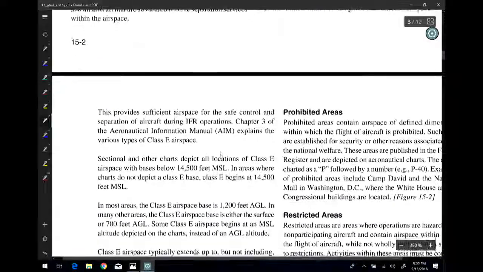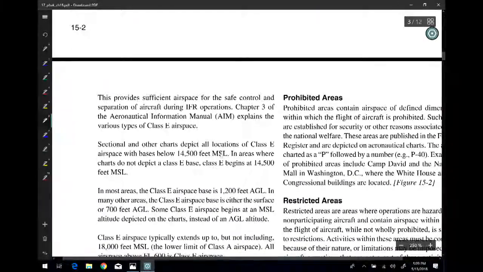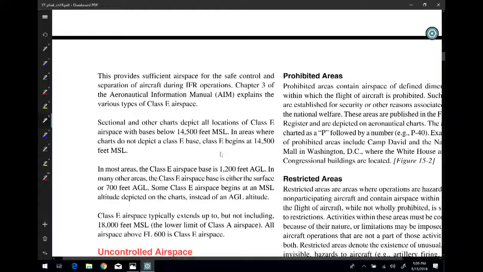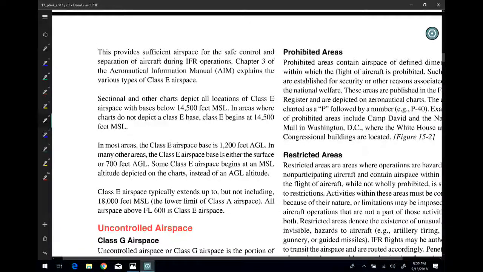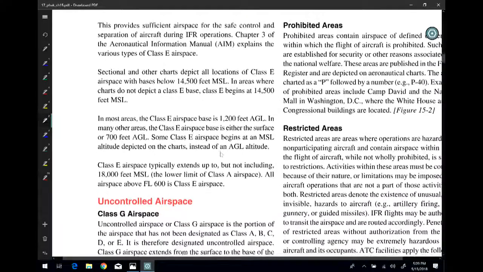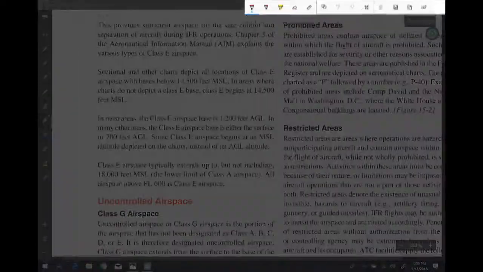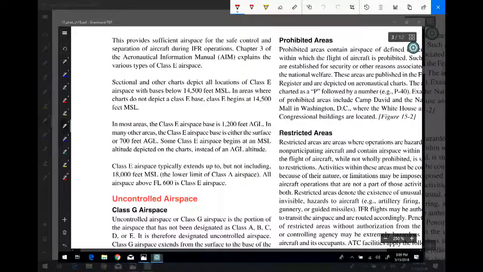We look here, and we're going to talk about this in a little bit when we see the picture again. The thing that I want you to be aware of is that with Class Echo airspace, in most areas, the Class Echo airspace base is approximately 1,200 feet AGL.